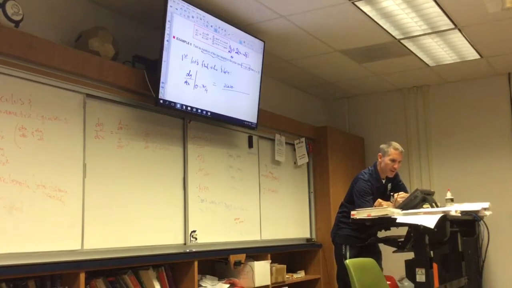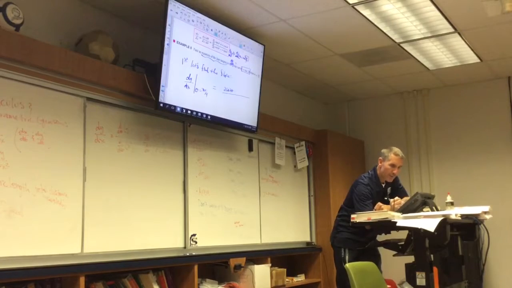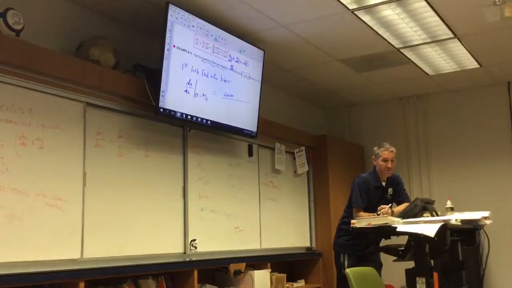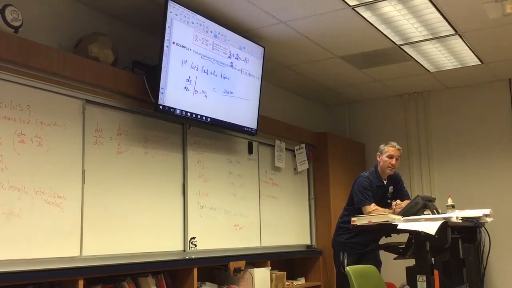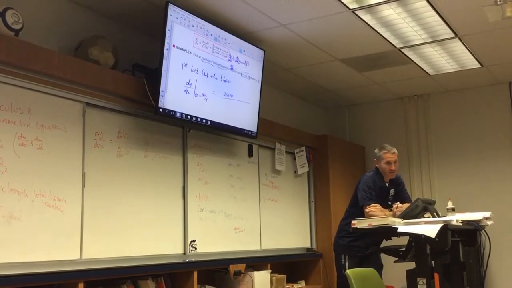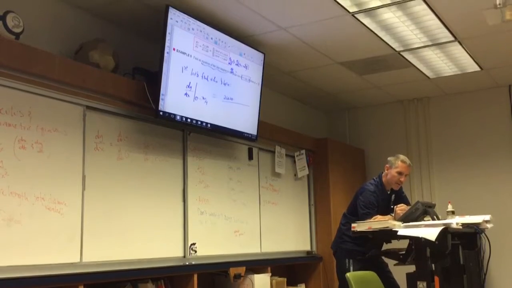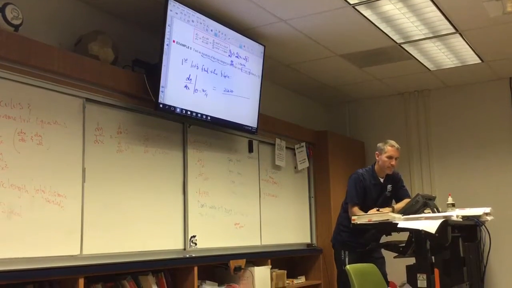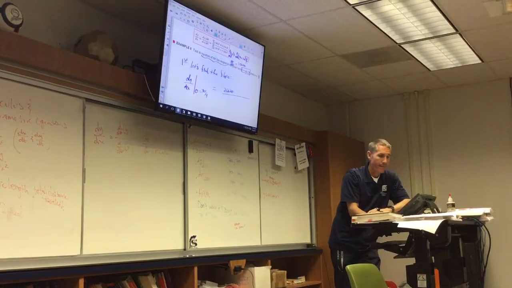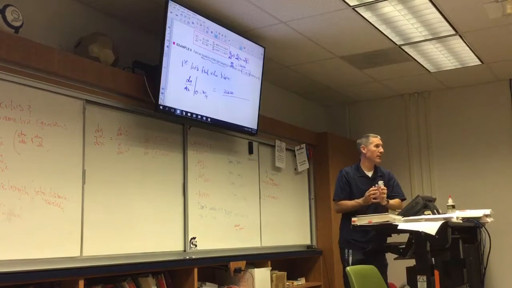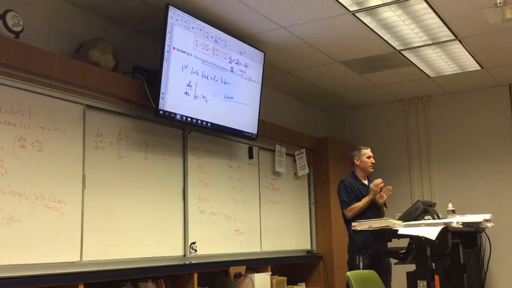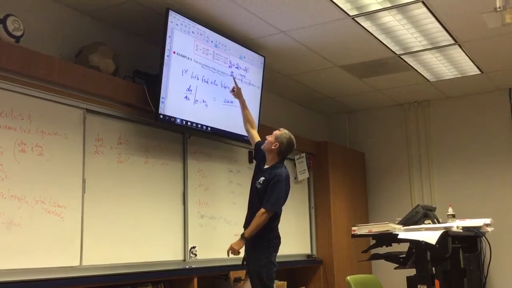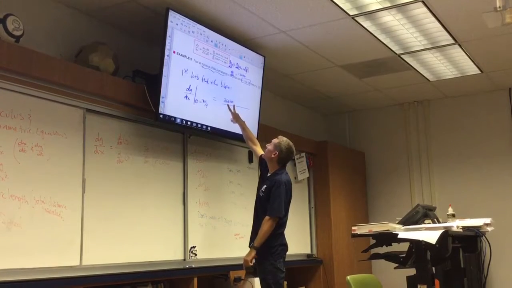This gives me dr/d theta on that side, and over here, just differentiate normally, which is cosine 2 theta times 2. Sine of 2 theta, the derivative is cosine of 2 theta times 2. Correct.